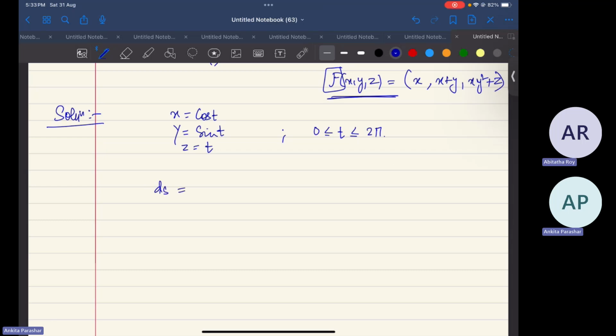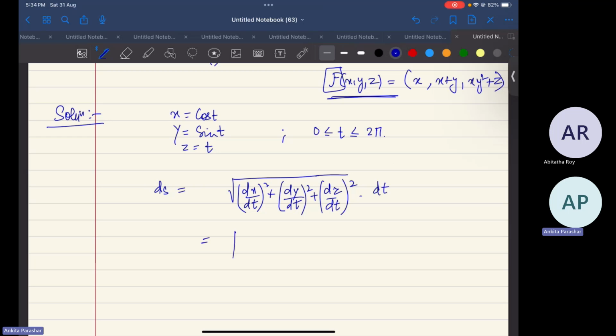If you remember, it is the norm of, under root, x square plus y square plus, sorry, dx by dt, dy by dt, dz by dt, and then dt. This is nothing but sin square t plus cos square t plus 1.